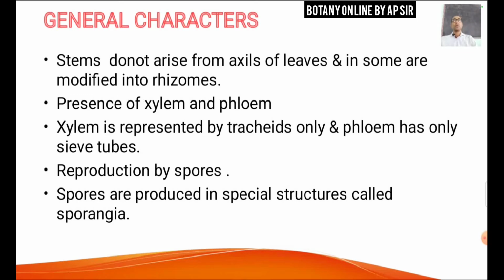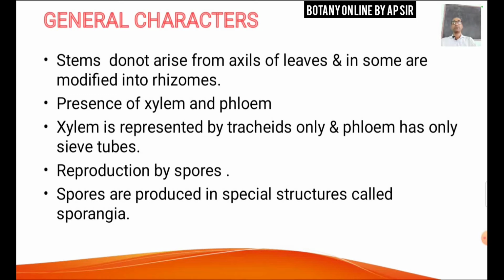So when you compare it with the angiosperms, you can see that in angiosperms, xylem is represented by tracheids and vessels, whereas in phloem there are sieve tubes and companion cells. But here, only tracheids in the case of xylem and sieve tubes in the case of phloem are present.